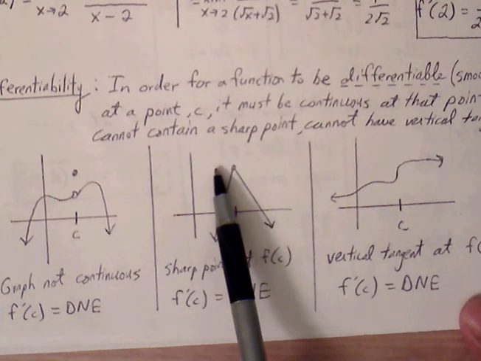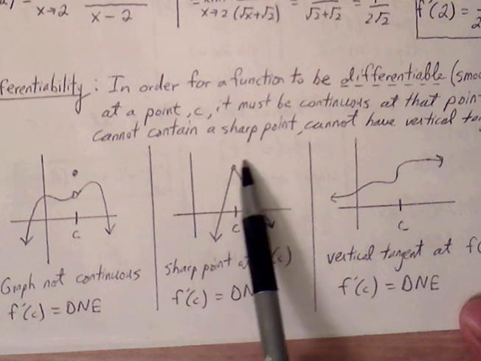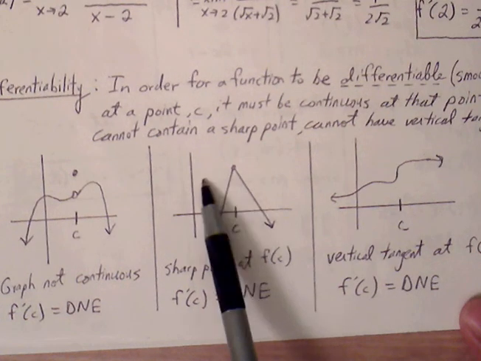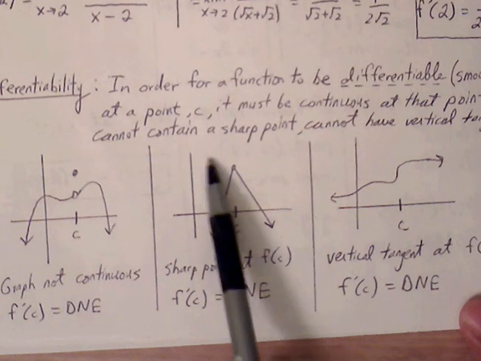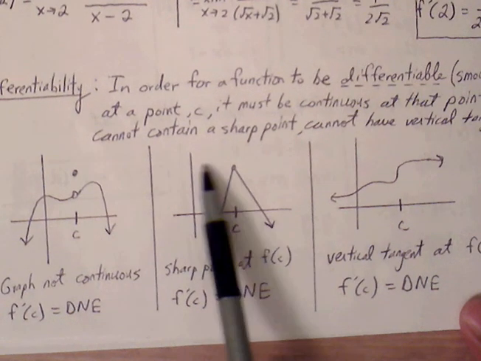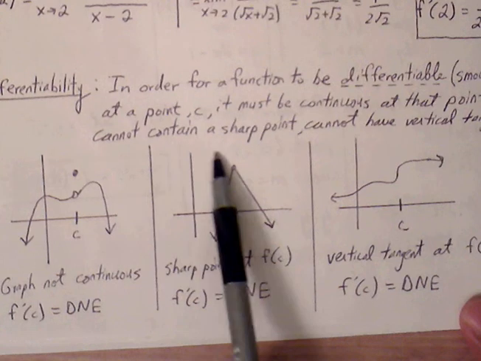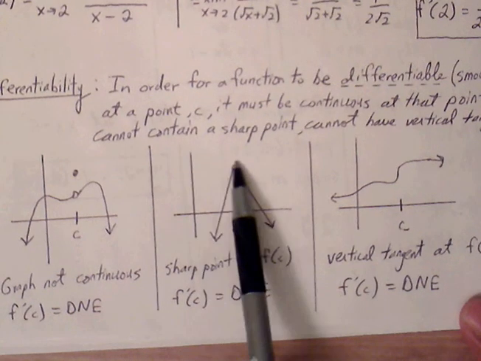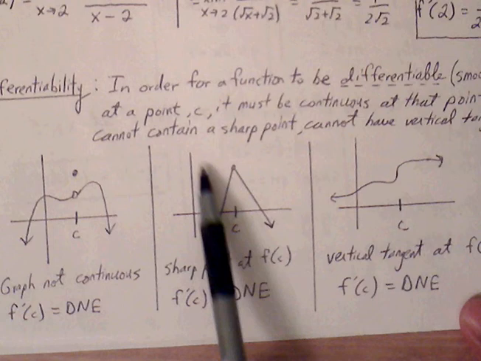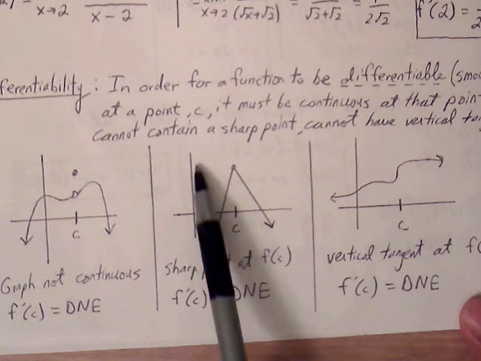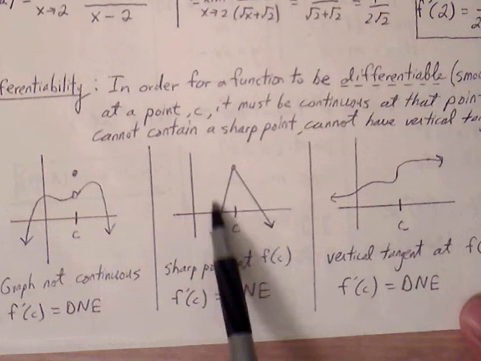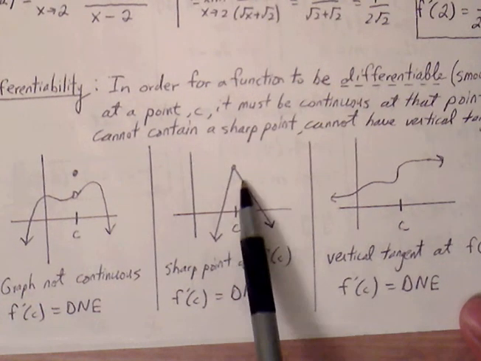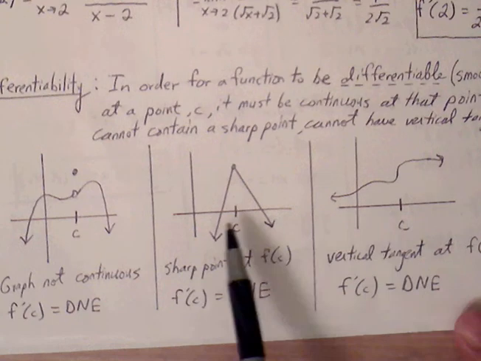Differentiable just means that we can draw a tangent line to the curve, and here we can't draw a tangent line to a sharp point because there are multiple ways that you can draw a tangent line to this curve and only hit one point. So if we have multiple tangent lines to the same point, then it's no longer useful. So we say this is unable to be differentiated, or not differentiable.